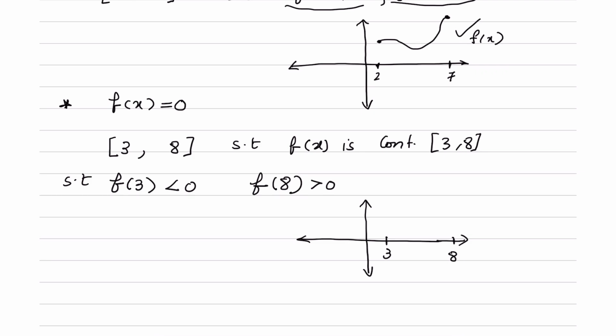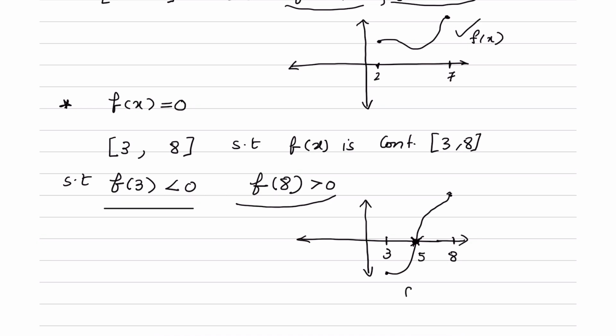So at 3 it is negative, at 8 it is positive. The graph is continuous. So only in this case will the graph cut the x-axis, where on one end the answer is negative and on the other end it is positive, or it could be the other case, that on one end it is positive and the other end it is negative. Only then will the graph cut through the x-axis and you will have some number, let's say in this case 5.